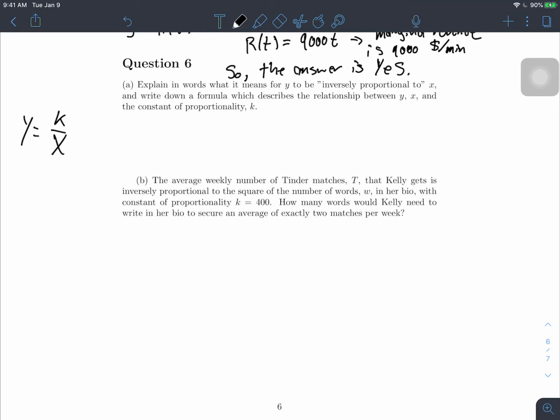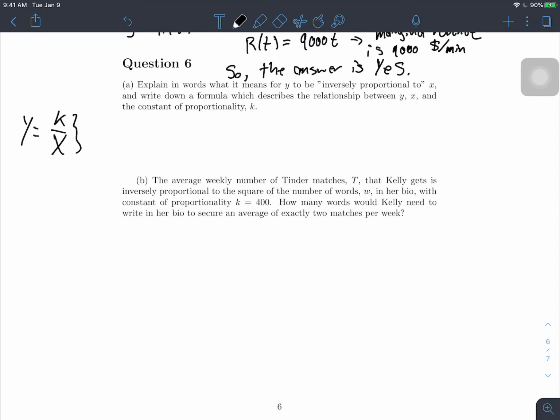Now, if I were to explain in words what this means, it is that if y is equal to the value of this fraction, and x is getting larger, then the denominator of my fraction is getting larger. A fraction which has a larger denominator is a smaller number.